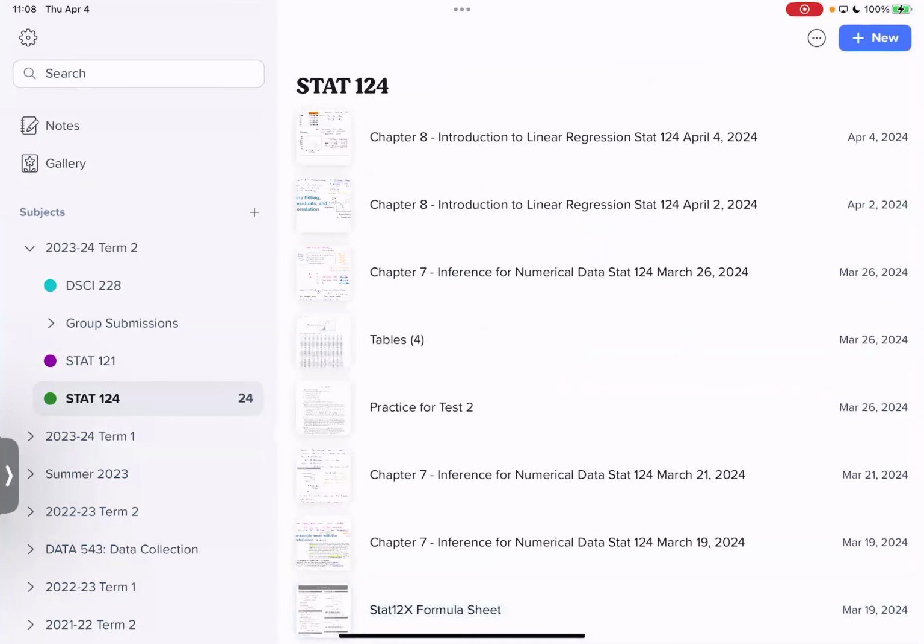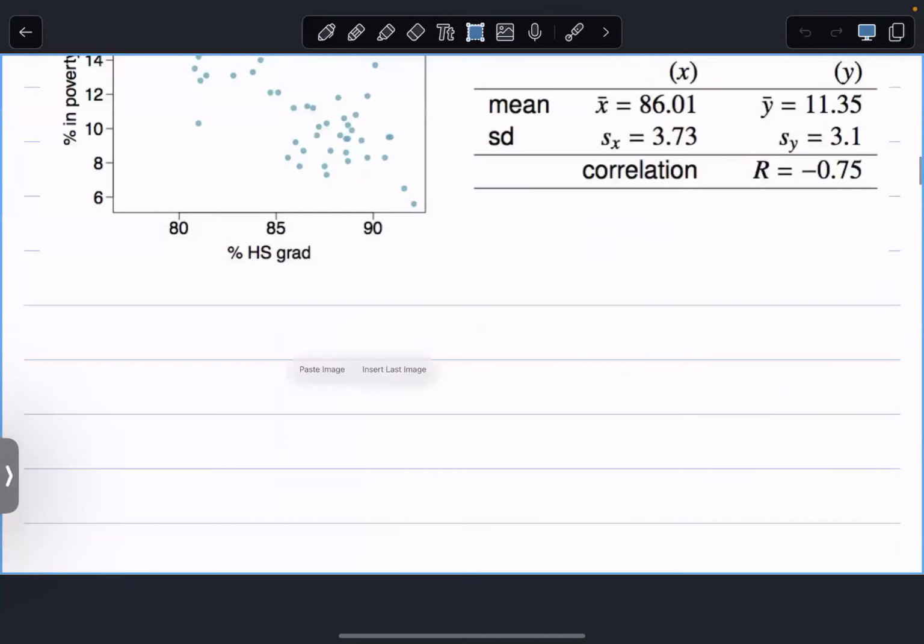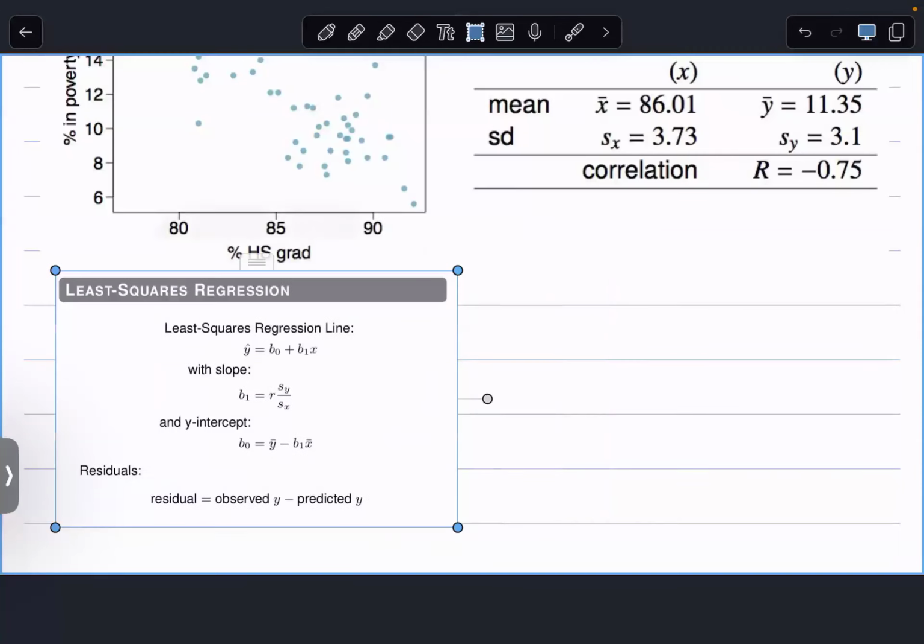Oh, and before I forget, I posted the last of the assignments and the last of the labs. There's a bonus assignment and a bonus lab available as well. And so now you have everything.